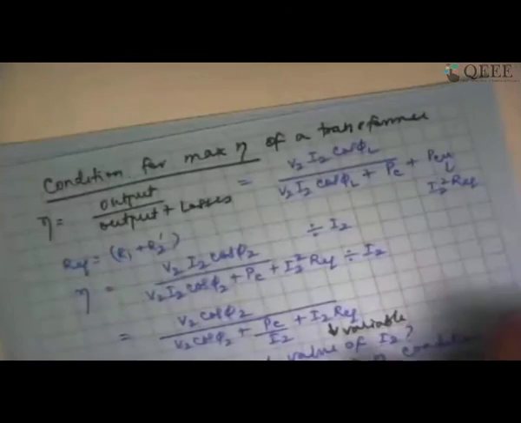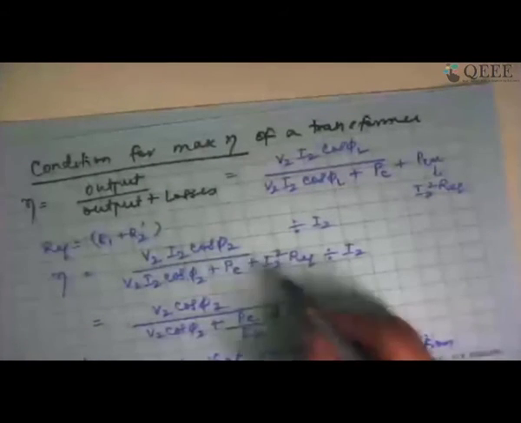Why do we divide the equation by I2 to get the maximum efficiency? You need not divide by I2. You can even do V2 I2 cos phi 2 divided by V2 I2 cos phi 2 plus PC plus PCU. No problem. The only thing is, there will be a second order term. If you look at the original expression without division, please note that it has I2 square here.